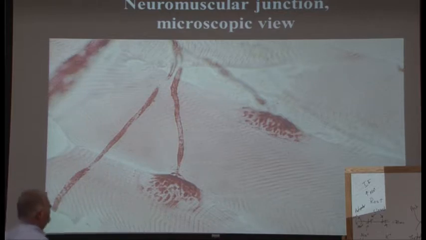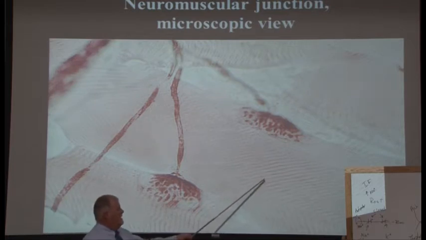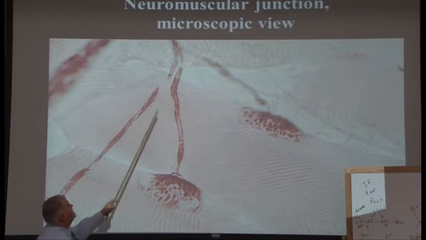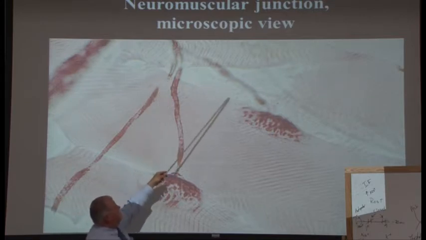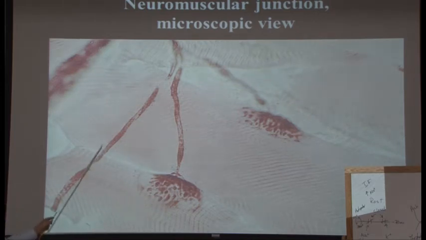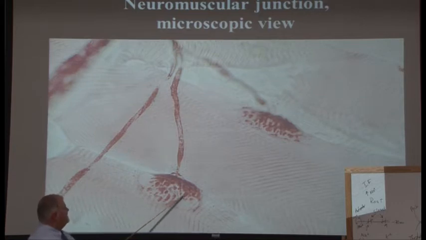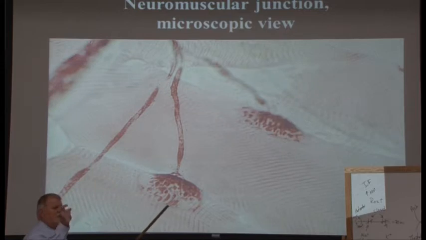That's what you're actually looking at here, part of a motor unit under a microscope. These are skeletal muscle cells with the A bands and I bands that we've talked about in the past. This is a nerve with its branching pattern, and this is a neuromuscular junction. So we have it going over to this cell, this cell, this cell. What we're seeing is a neuromuscular junction that's part of a motor unit. The little tiny dark things here are the synaptic vesicles of acetylcholine.